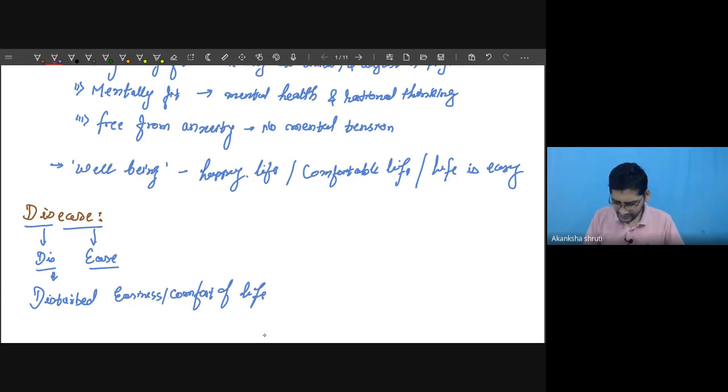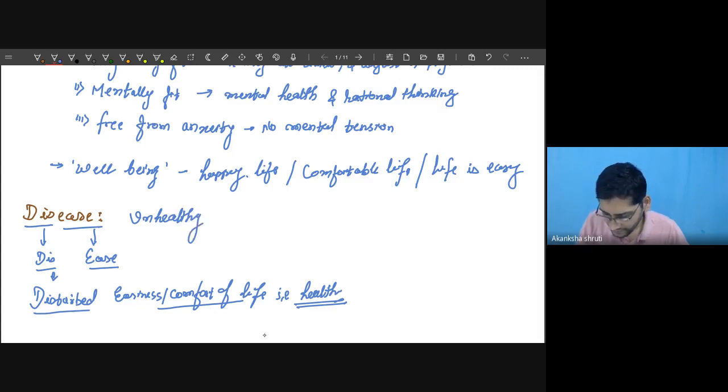Means what? The comfort of life. The comfort of life is what? Health. That is, the health is disturbed. So disease is what? Unhealthy condition.